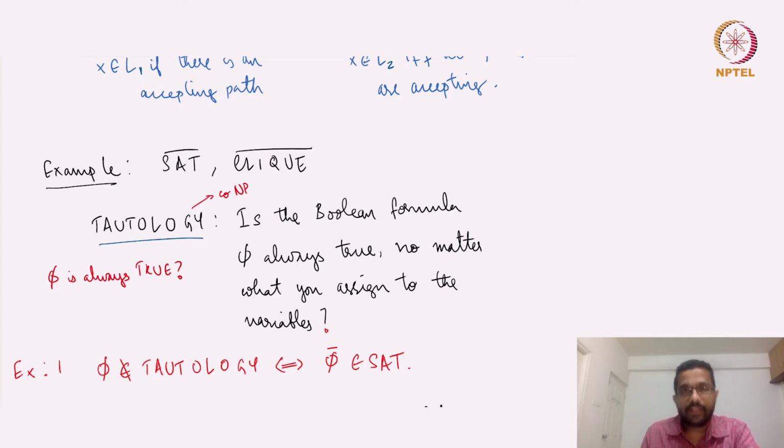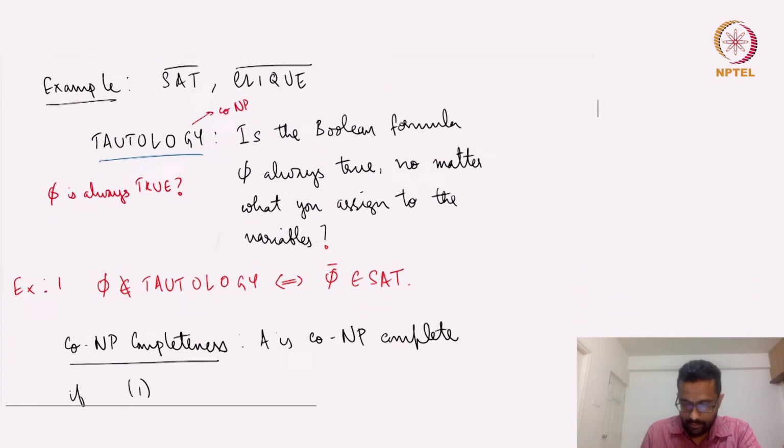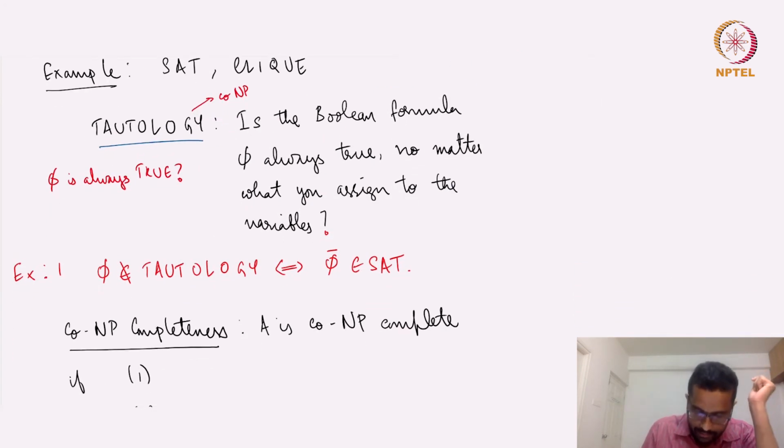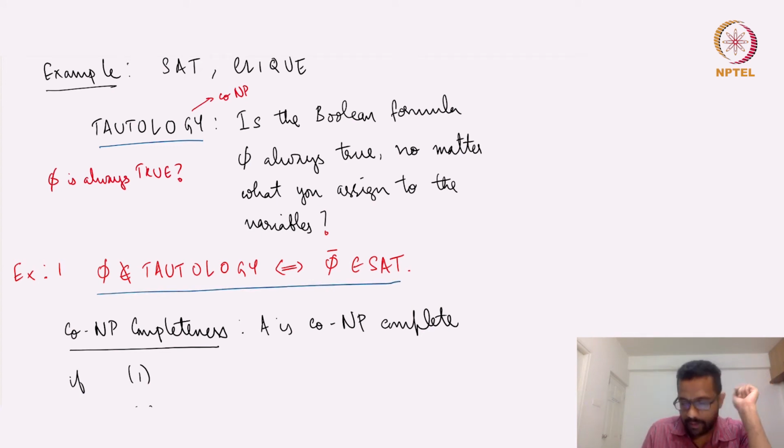Now if you take the complement of phi, this is what I've outlined here as an exercise. Phi is not in tautology means there is some assignment which will make phi evaluate to false, because otherwise it would be in tautology.